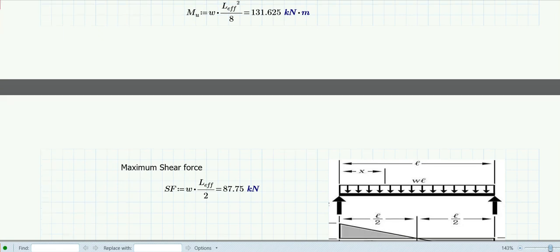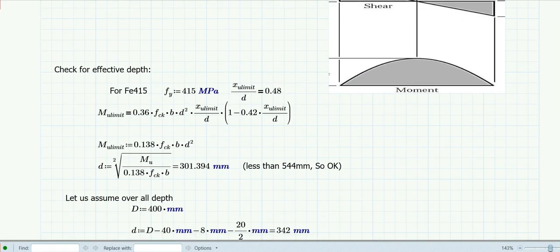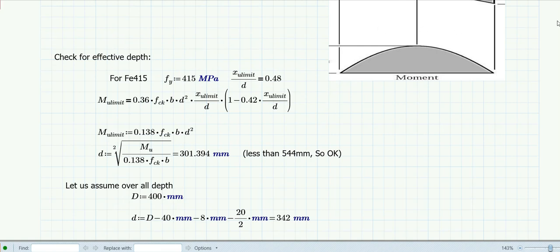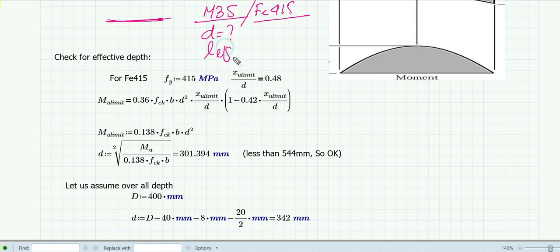Okay, now let's go to the other thing. Now we have done all our basic calculations. We have found out the grade of concrete, we have used M35. The grade of steel is Fe415, right? Then we have found out the effective depth, then the effective length, L effective.